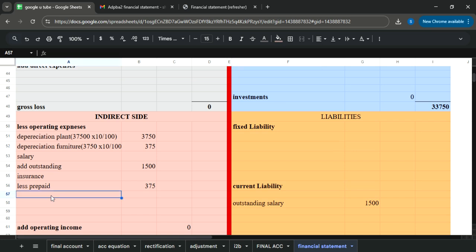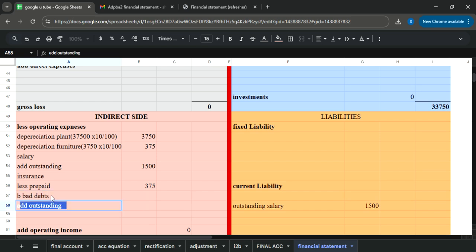For bad debt adjustment, as you know, first you will write B, which is bad debts, then you will write A, and A is used for additional bad debts. Then you will have to see N, which is your new reserve for bad debts, and finally you have O, which is old reserve for bad debts.